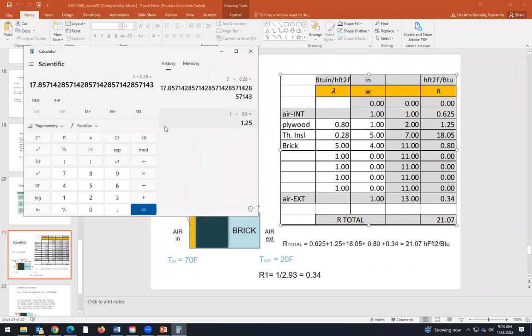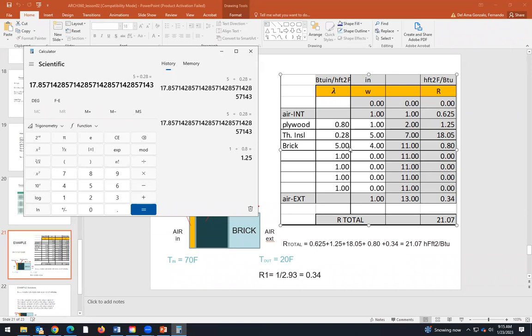Okay. It should be 17.8. It's 5 divided by 0.28. Okay, so it should be 17.05. So there's a small mistake here. Probably I rounded up from 17 to 18.